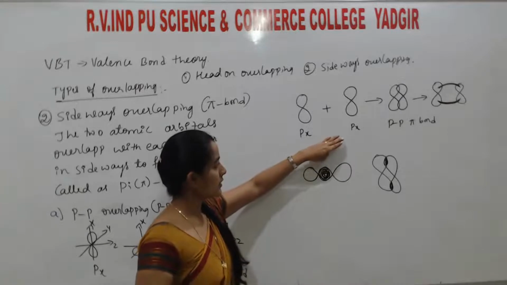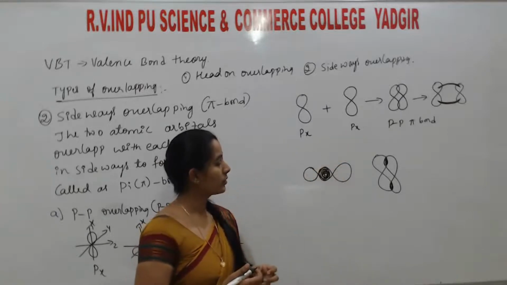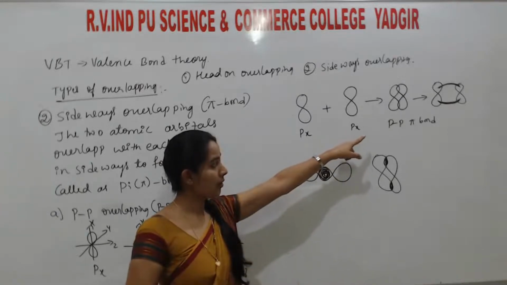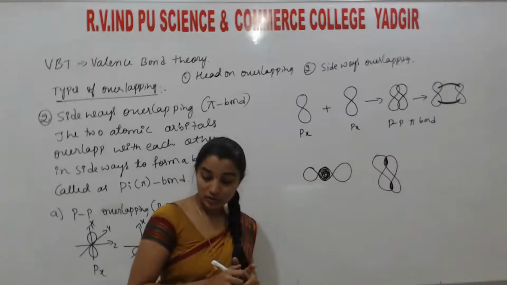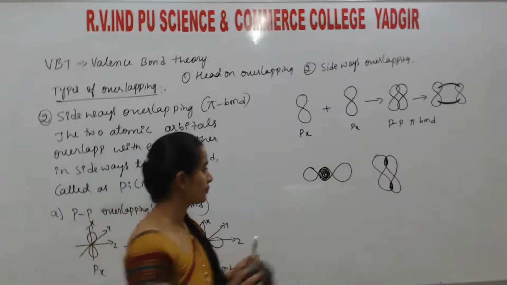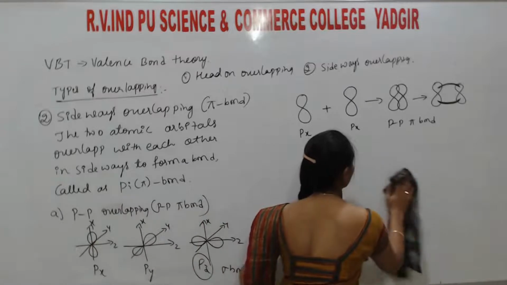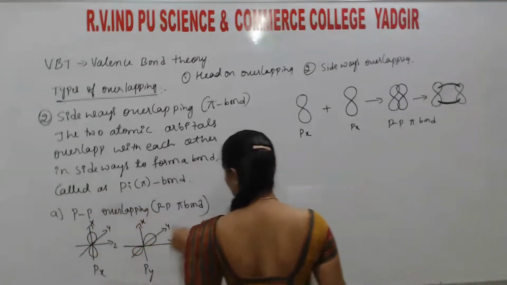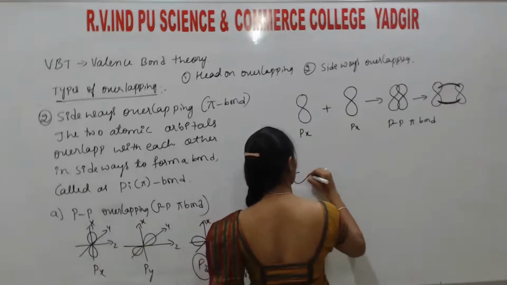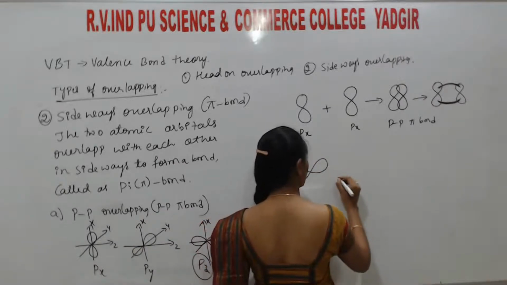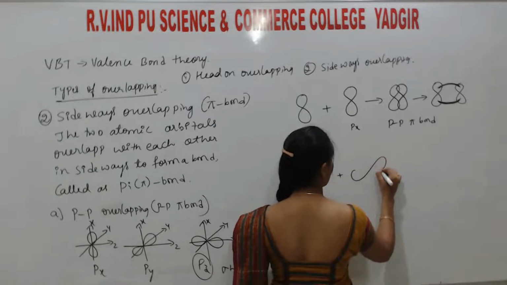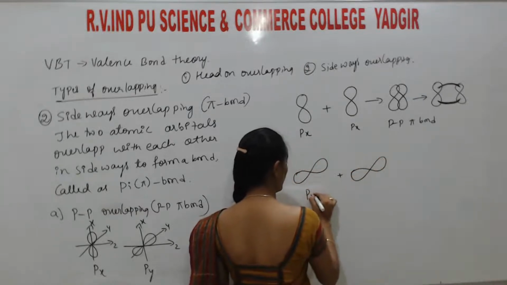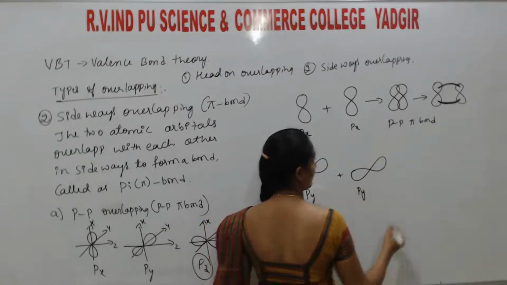Just remember, Px and Px orbitals form PP pi bond. So this is what it is for X orbital. If you consider Y similarly, Y orbital is in this form, like this. So this is Py, Py.